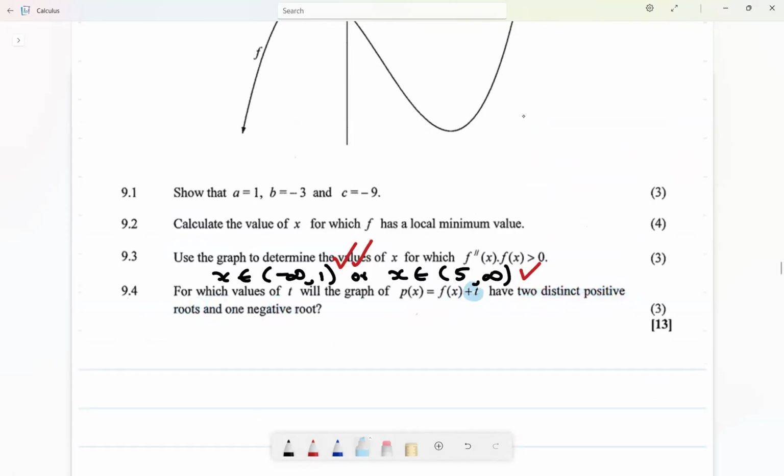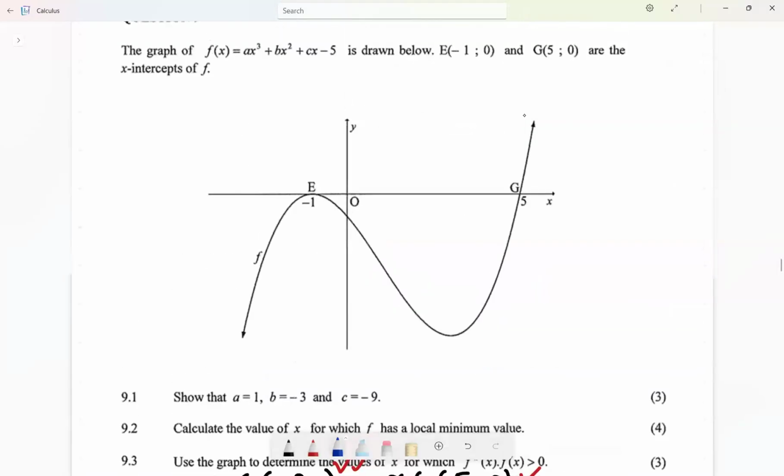And can you see the t is positive? So it either is going to move down or up. So now, if our graph needs to be moved up, then it's fine, this t. But if it needs to be moved down, we change it to negative t. So let's see, guys.